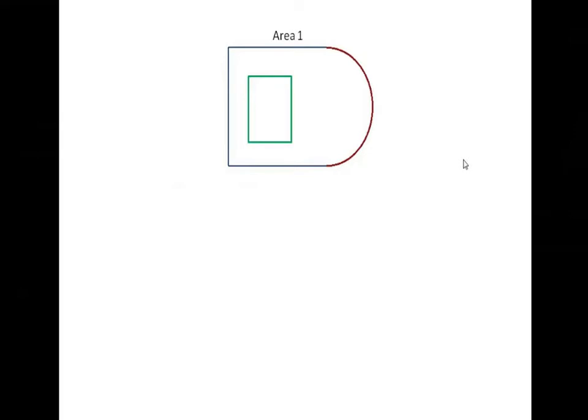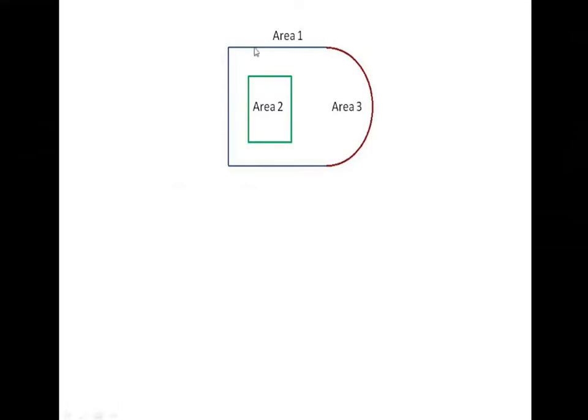That is area one, the blue square. Then area two, that is a green color square hole inside this plate. Area three is the semicircle sub-geometry. So this complete breaking of the geometry into sub-geometries is called discretization.